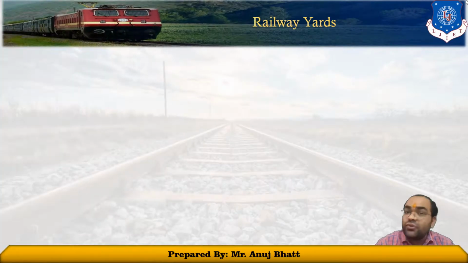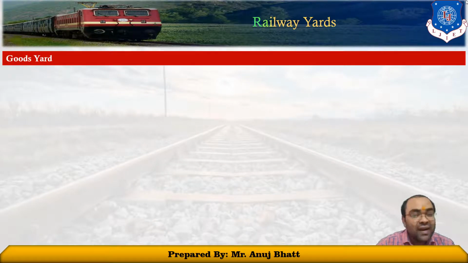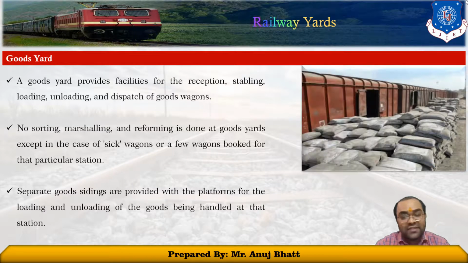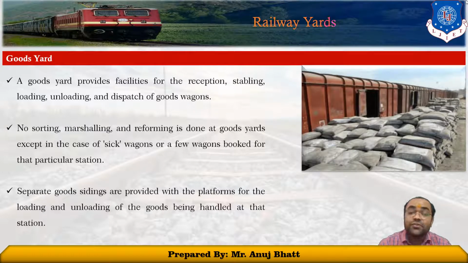Then talking about the goods yard, a goods yard provides facilities for the reception, stabling, loading and unloading, and also dispatching of goods wagons. Most goods yards deal with full train loads of wagons.